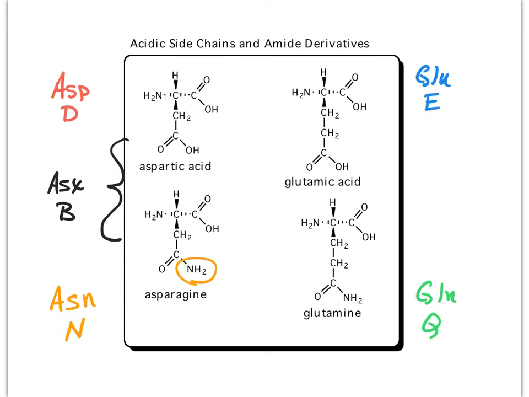In the same way, we use Glx for the glutamic acid and glutamine pool, but we use Z as the one-letter code if we need to.